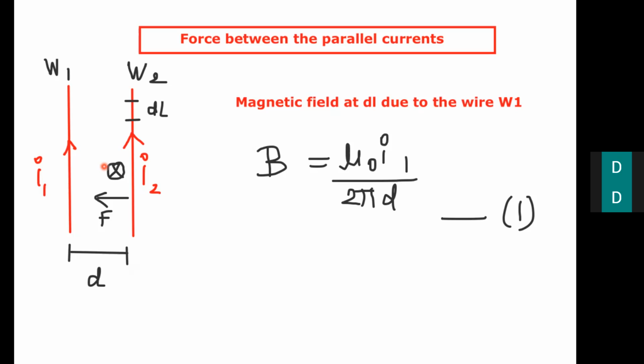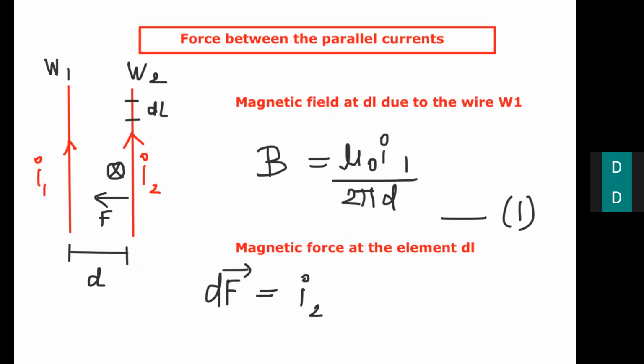Okay, so what will be the magnetic force at the element dl? That is going to be dF equals I2 dl cross B. Why have we taken I2?